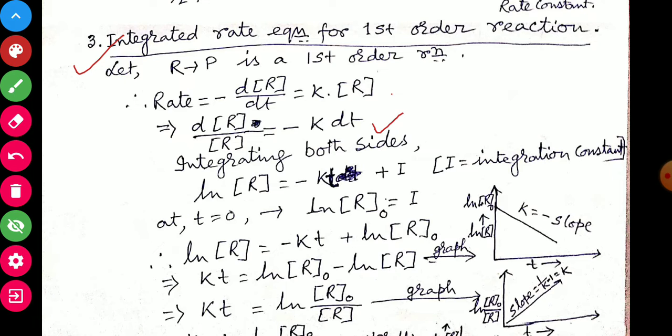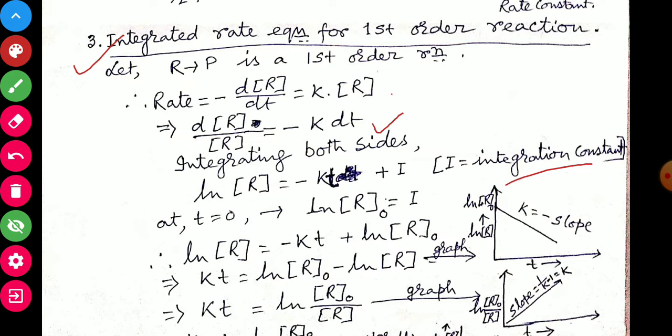Integrating both sides, we get ln [R] equal to minus kt plus I, where I is the integration constant. At t equal to 0, I equal to ln [R]0. So ln [R] equal to minus kt plus ln [R]0.